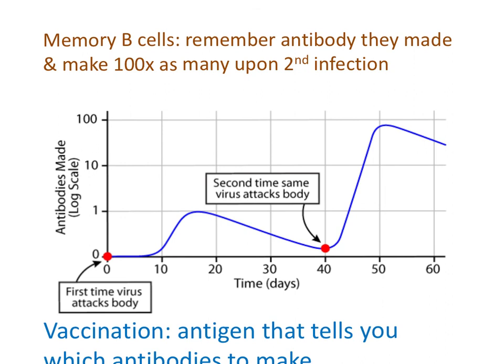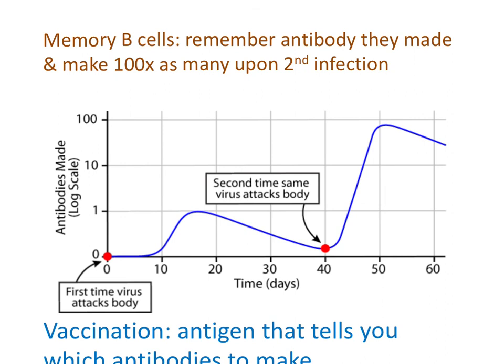My neutrophil can identify the pathogen, it's this one, it's chicken pox, and my memory B and T cells would say, oh yeah, we remember this guy. Let's make a boatload of antibodies, kill it real quick. Boom, I never even feel sick.